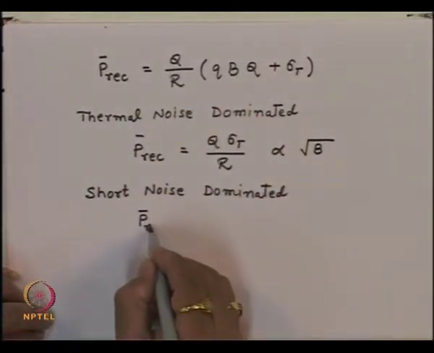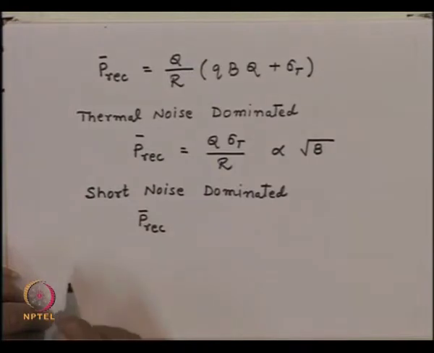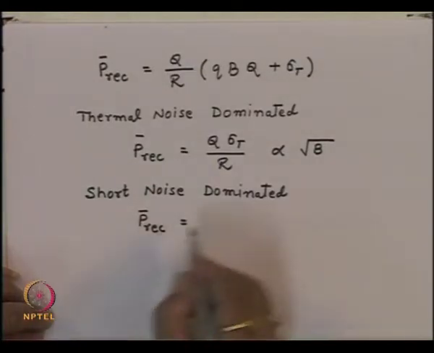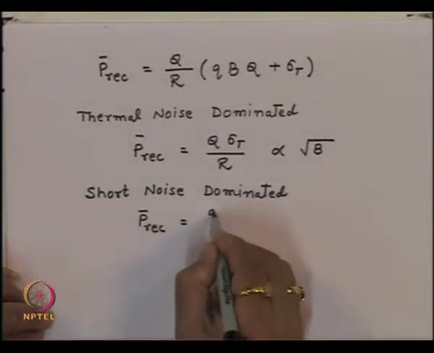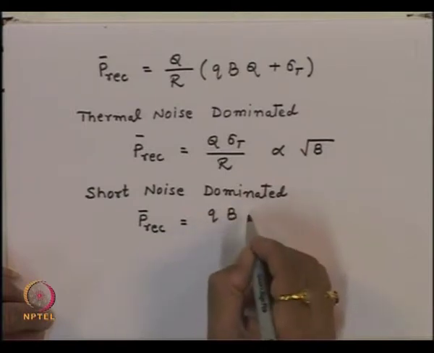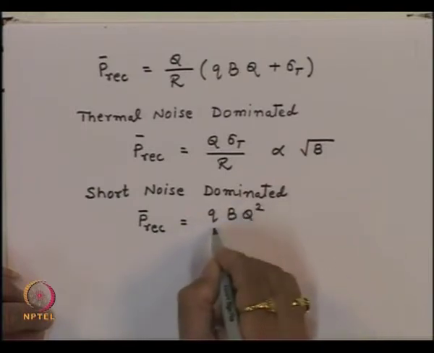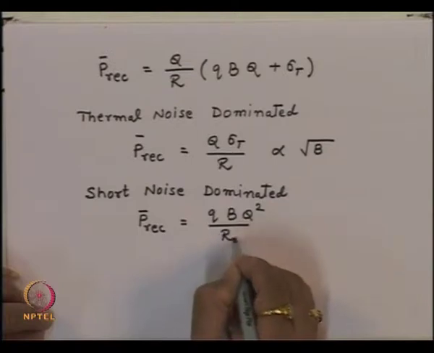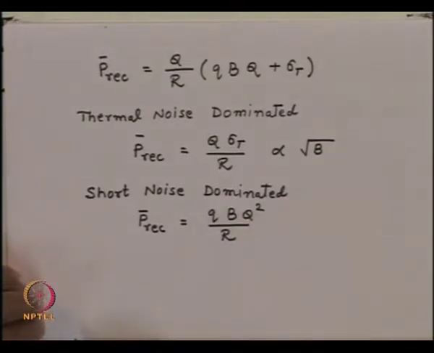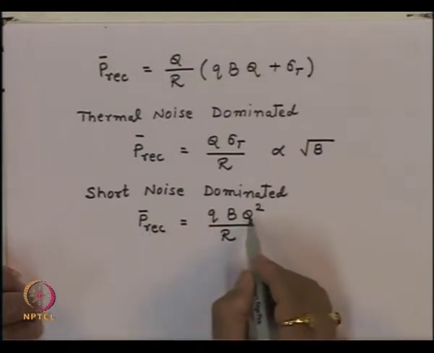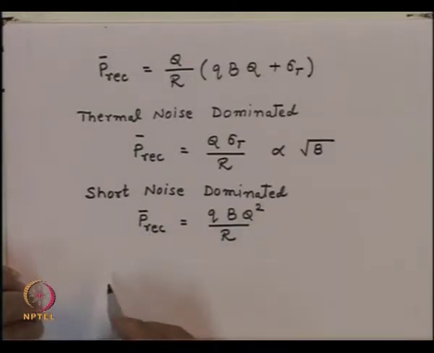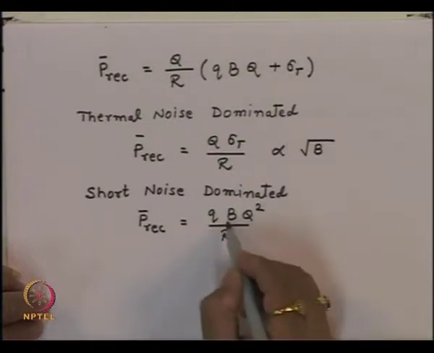So, this P received is equal to Q B Q square divided by the responsivity R. So, what we find in this case now, that the P received for a given value of Q is proportional to the bandwidth.